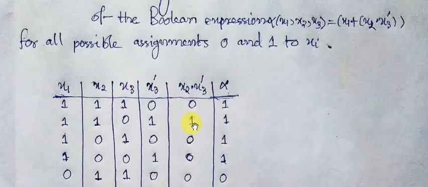So the value of alpha, that is x1 plus x2 into x3 complement, here the value of x1 is 1 and the value of x2 into x3 complement is 1. So this is basically 1 plus 1, and from the composition table for addition we know 1 plus 1 equal to 1. So here we have written 1.